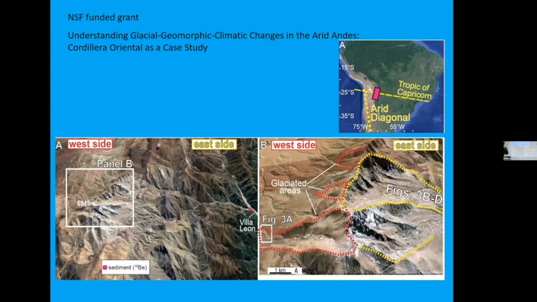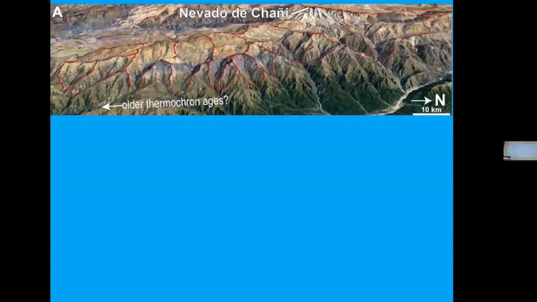So we're looking at all these different things. On the right side, this is the highest peak, Nevado de Shani, where you can see there's some glacier erosion. And we're studying, in red, these red outlines, these different river catchments. We're literally going from the highest catchment all the way to the left side, which is some of the lower catchments where there are no glaciers.